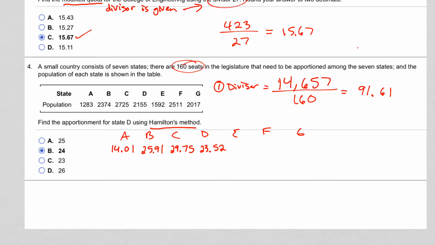E is 1592 divided by 91.61, which is 17.38. F is 2511 divided by 91.61, which is 27.41. And G is 2017 divided by 91.61.